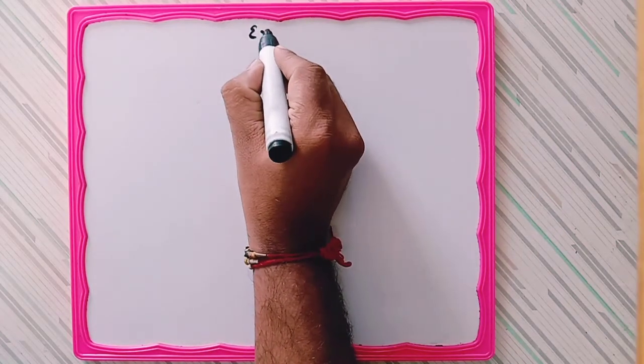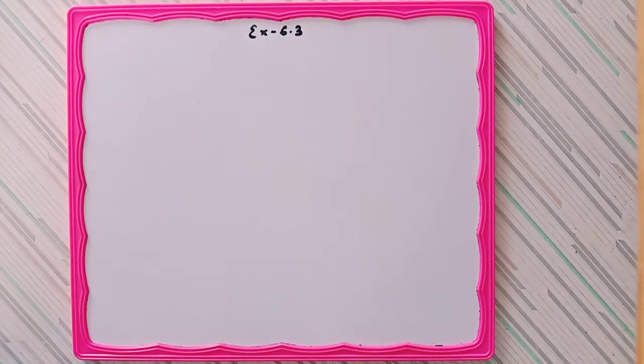Friends, in this session of chapter 6 lines and angles, we will study exercise 6.3. The first question we have, the diagram is given.